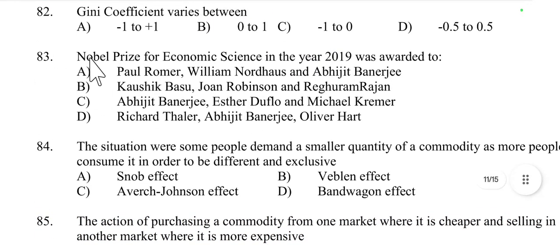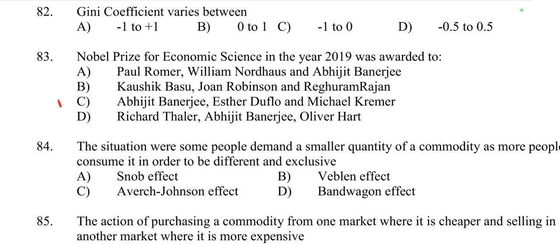Then question number 83. The Nobel Prize for Economic Science in the year 2019 was awarded to: Paul Romer, Abhijit Banerjee, Esther Duflo, Michael Kremer, or Richard Thaler.